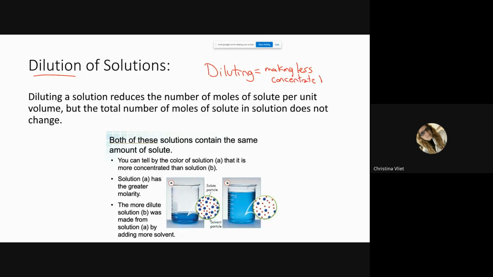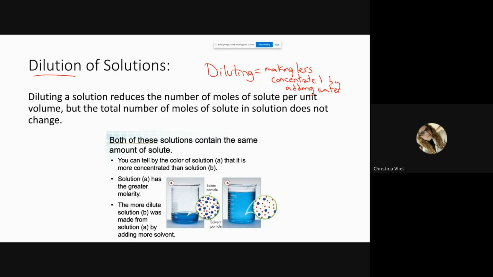You know we have a lot of sugar in here, right? How could I make this less concentrated? Oh, so the process of dilution is adding water. So making less concentrated by adding water. That's really what a dilution is.